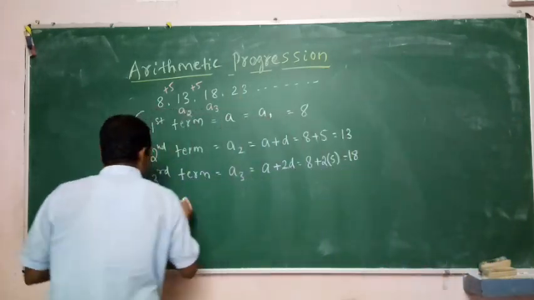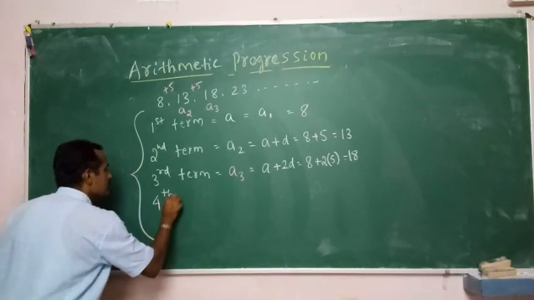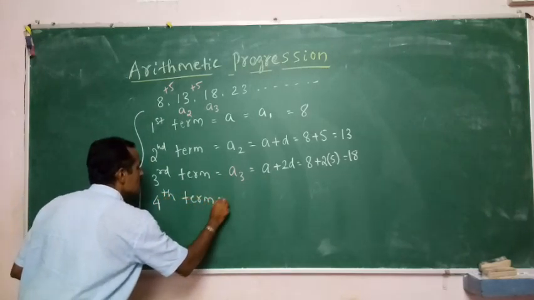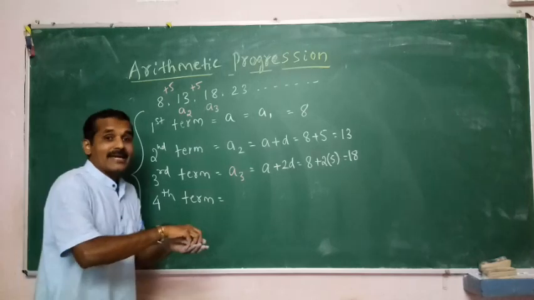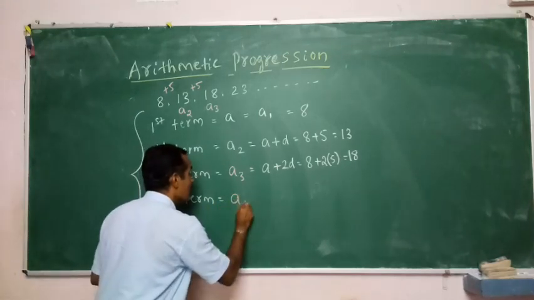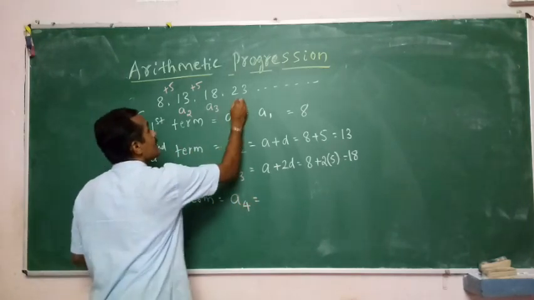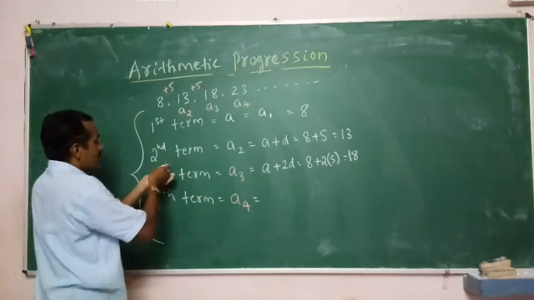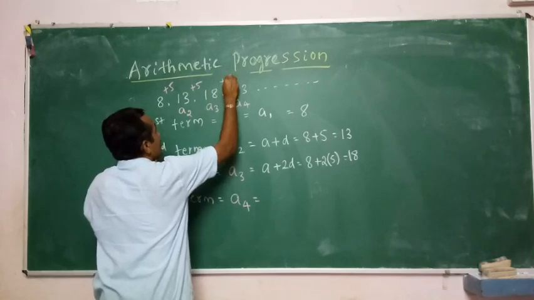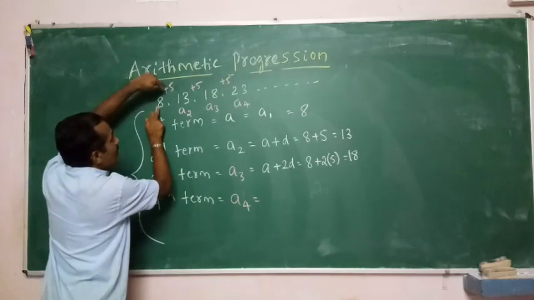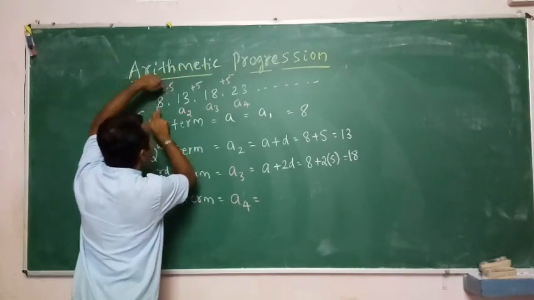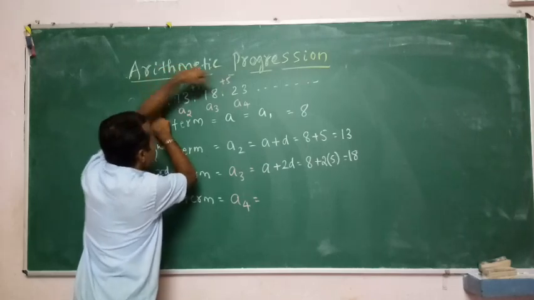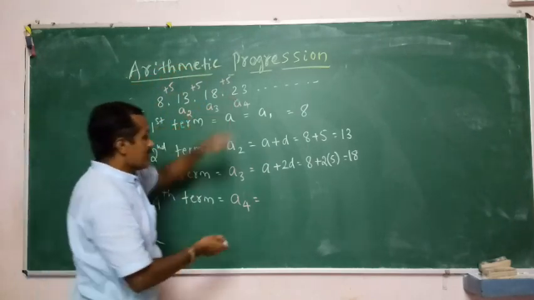My dear children, can you tell me what about the fourth term? Fourth term, symbolically I can say A4. How are you getting A4? See here. A, and D. How many D's? 3 D's. 3D plus A gives you 23.